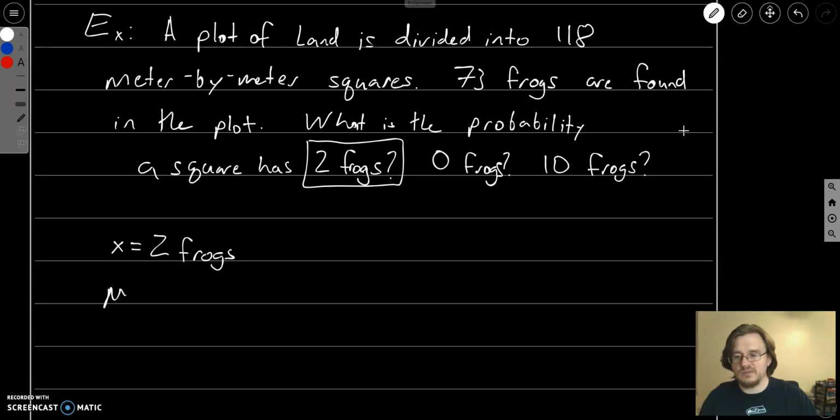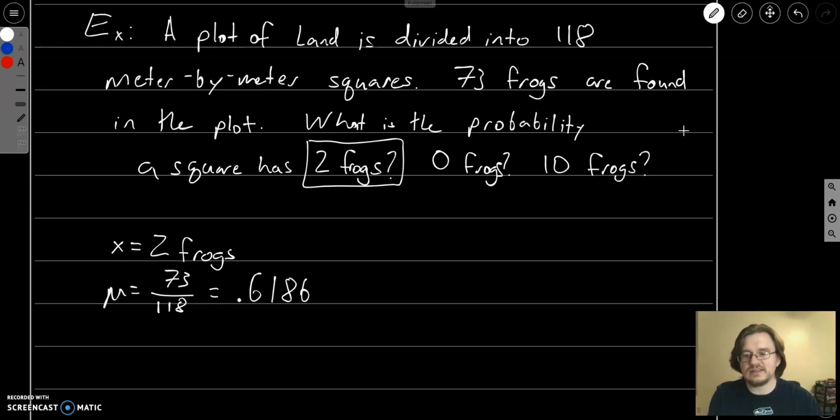But we also need to know the mean. And we know that we found 73 frogs in 118 squares. So if there's 73 frogs in 118 squares, that's going to be, I did this calculation beforehand, 0.6186 frogs per square.